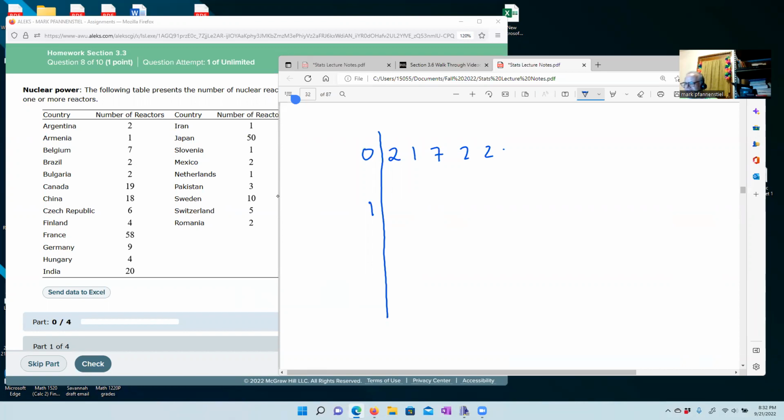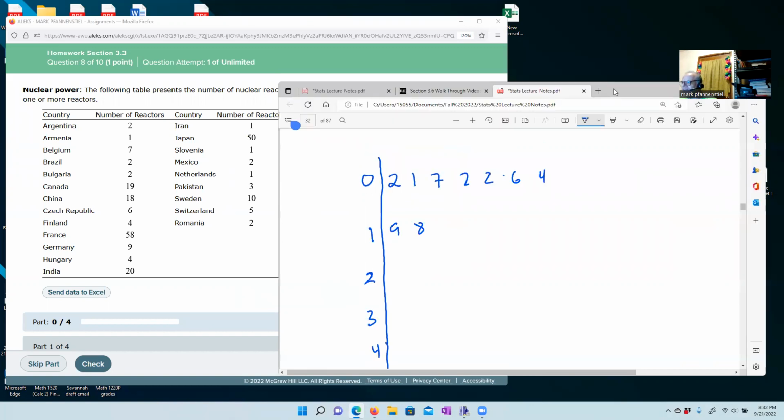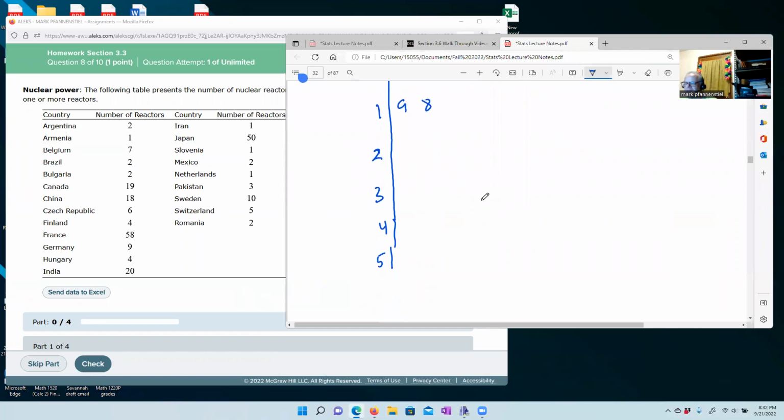I have a 19 and an 18, and a 6 and 4. We have 2, 3, 4. I've got to go all the way up to 5 here.